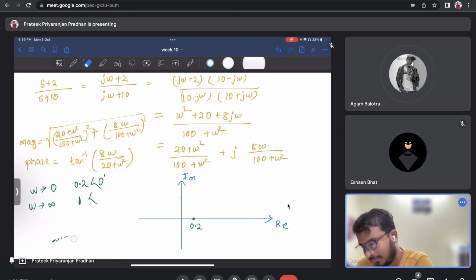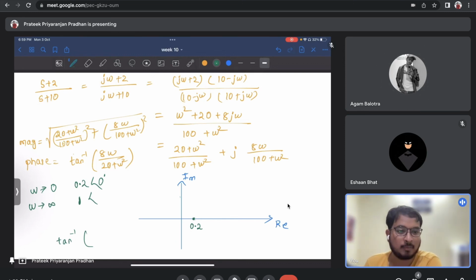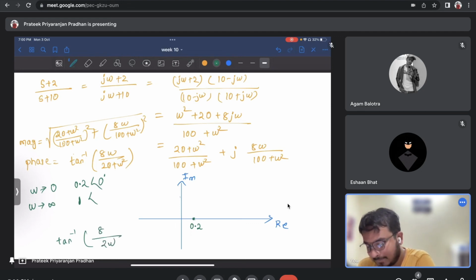Are you sure? Minus 45. It will be the phase. Tan inverse of 8 omega divided by 20 plus omega square. So it's again omega by omega. So the first derivative I will take. It will be 8 divided by 2 omega. So as omega tends to infinite, it's coming tan inverse 0.